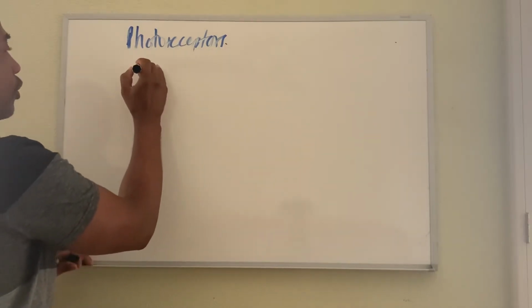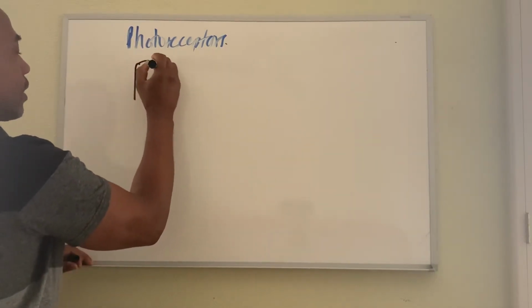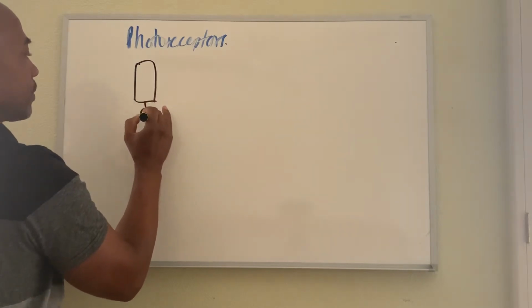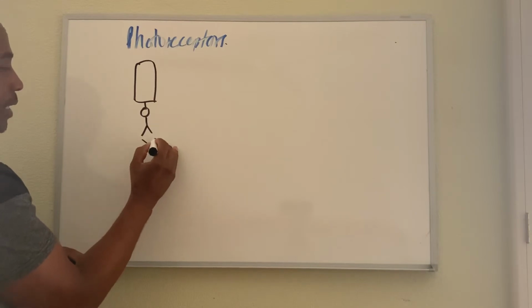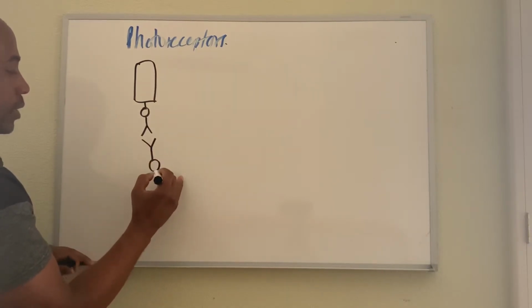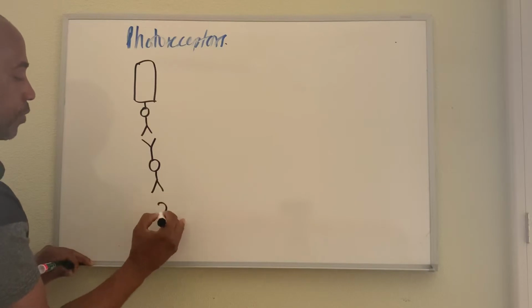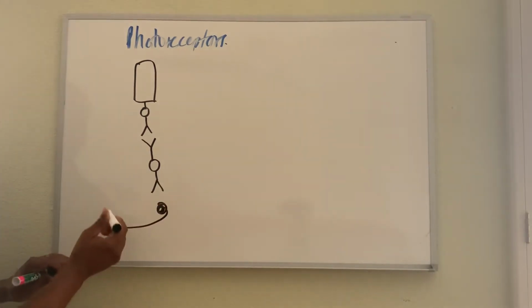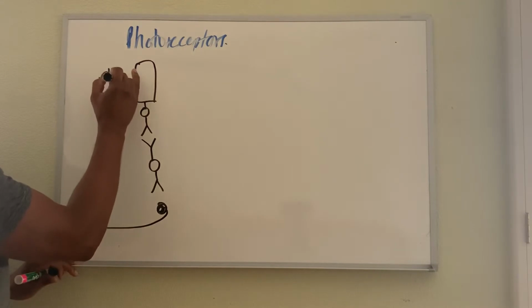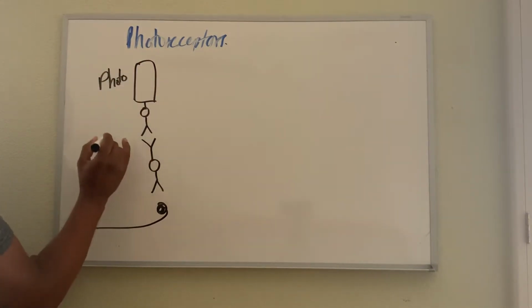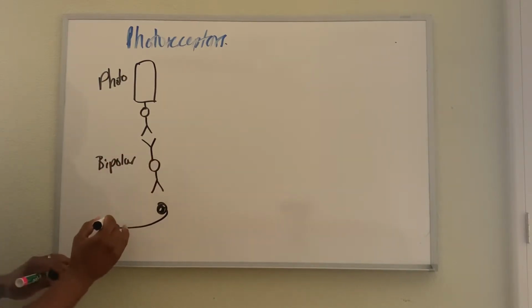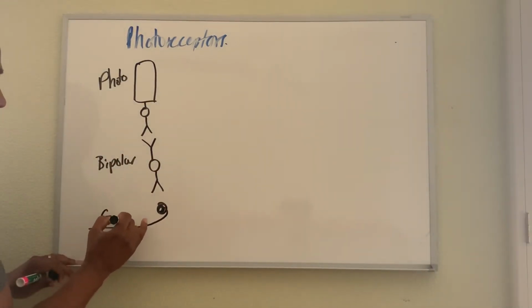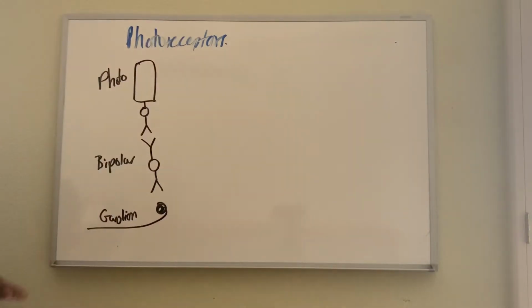So in the retina, you have your photoreceptors up top here, which synapse with bipolar cells, which synapse with ganglion cells. Those are the three cellular connections inside the retina.